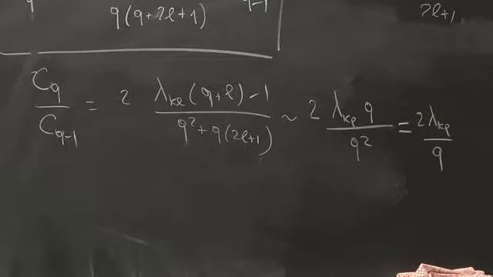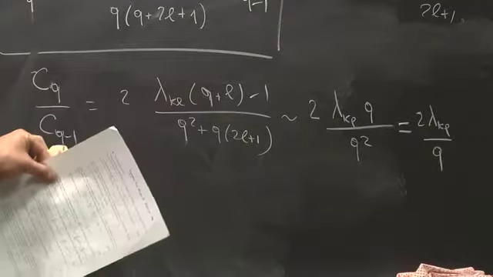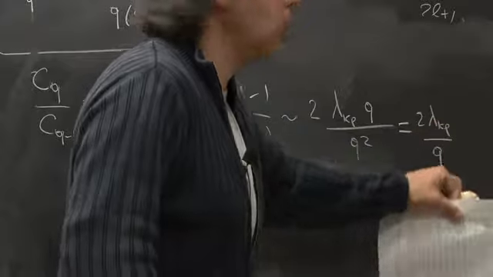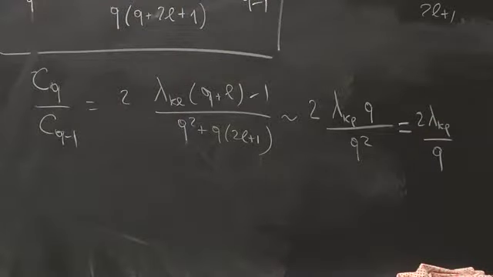Now, it doesn't take long to notice that this is not very nice. If the ratio of two consecutive terms approaches, for very large q, 2 lambda over q, let's see if we can guess what the power series is really doing.